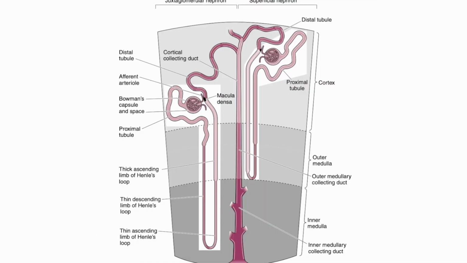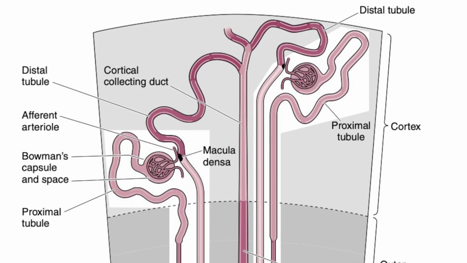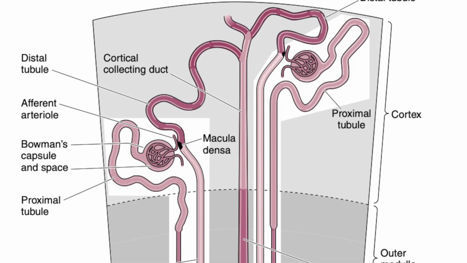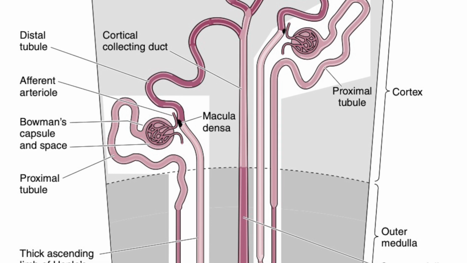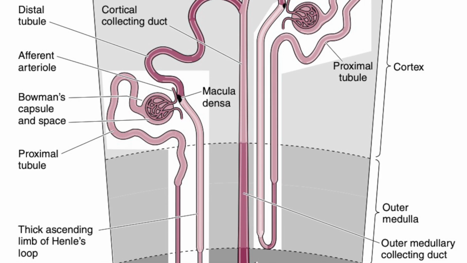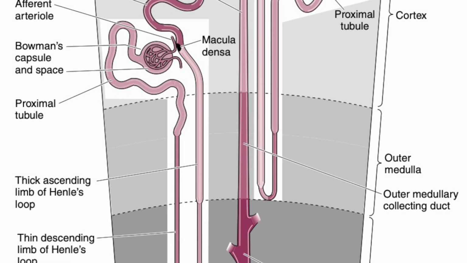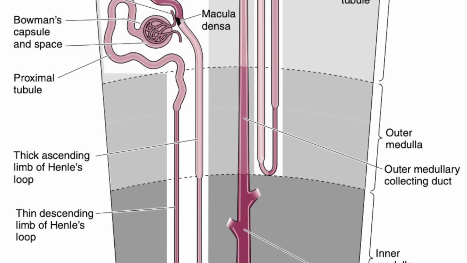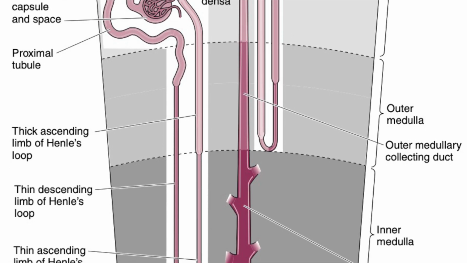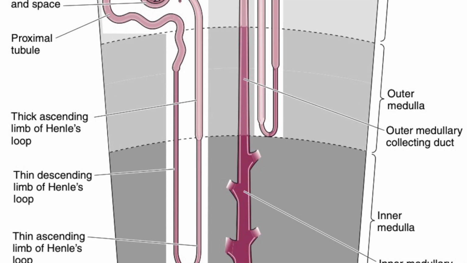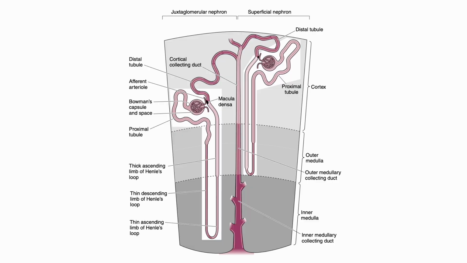The pelvis represents the upper expanded region of the ureter, which carries urine from the pelvis to the urinary bladder. The walls of the calyces, pelvis, and ureters contain smooth muscle that contracts to propel the urine towards the urinary bladder. The blood flow to the two kidneys is equal to about 25% of the cardiac output in resting individuals.